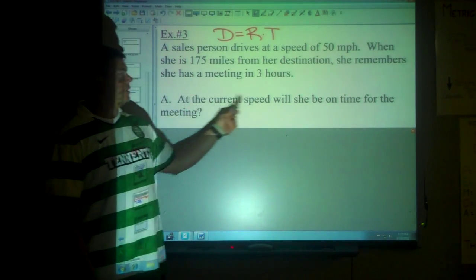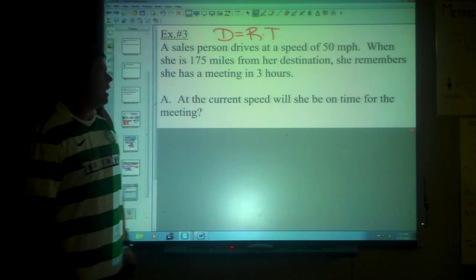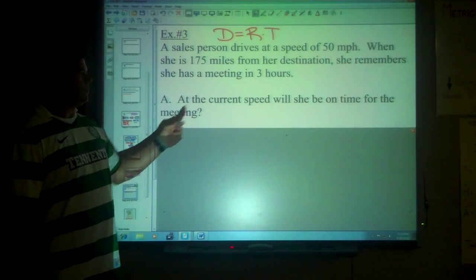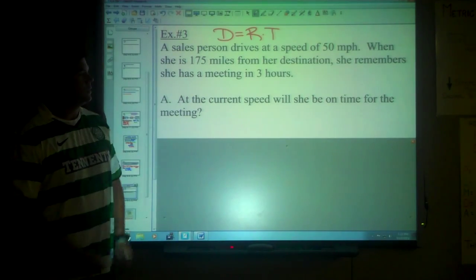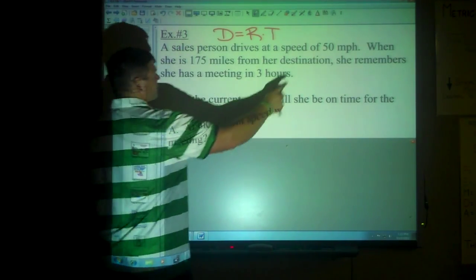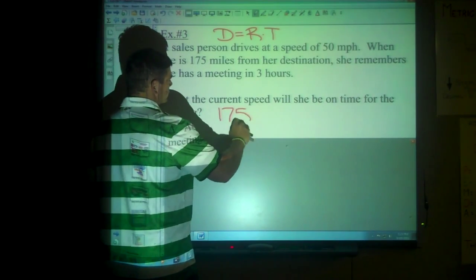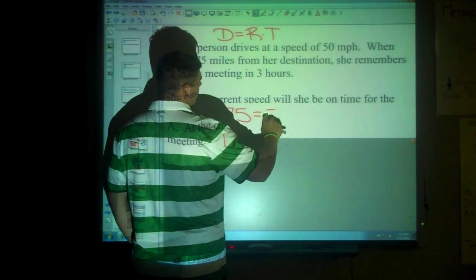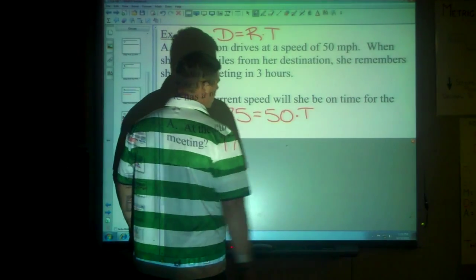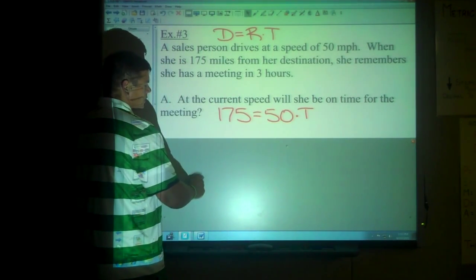At the current speed, if she stays at 50 miles an hour, will she be on time for the meeting? Well, let's see. At the current speed of 50 miles an hour, she's got a distance of 175 miles. So the rate is 50, and the time we don't know. We're going to solve for that.